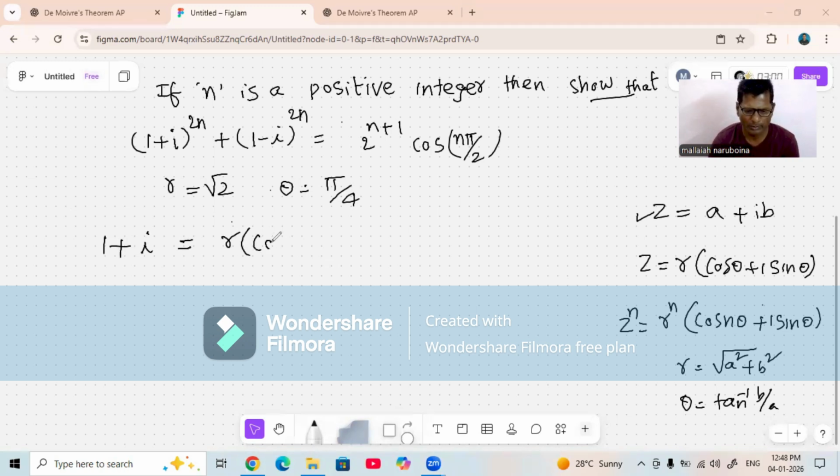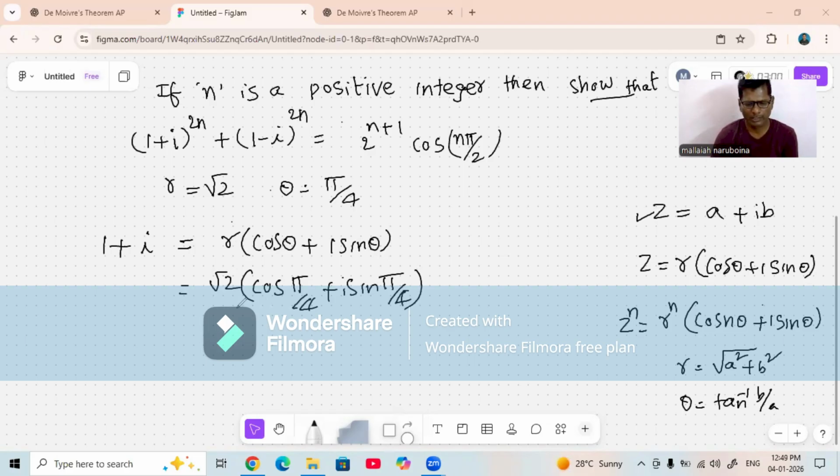r into cos theta plus i sin theta. Now the r value is root 2. Cos pi by 4 plus i sin pi by 4. This root 2 into cos pi by 4 plus i sin pi by 4 is the polar form, also called the mod amplitude form, of the complex number 1 plus i.